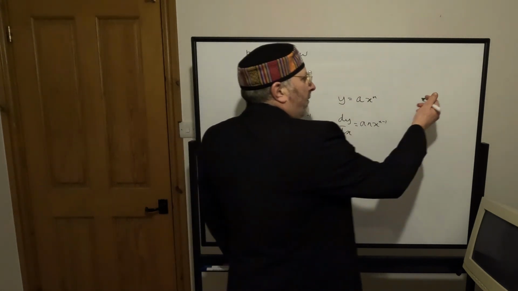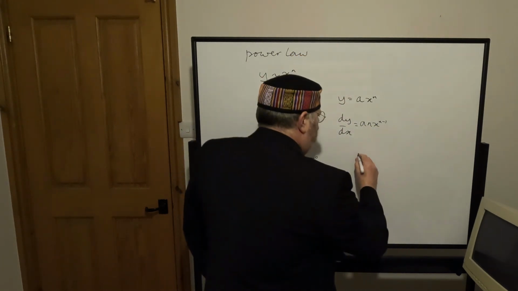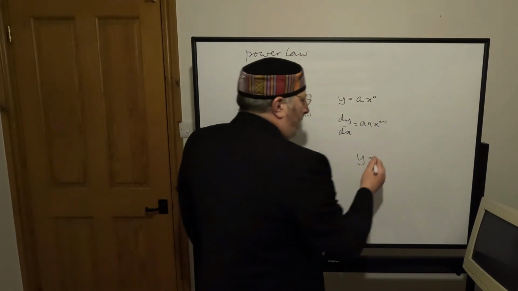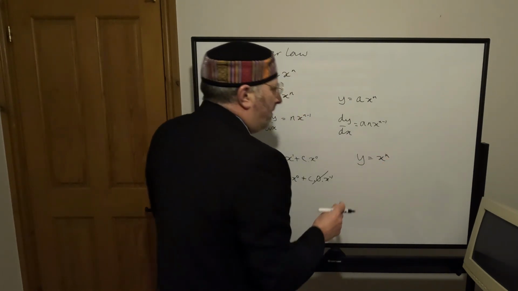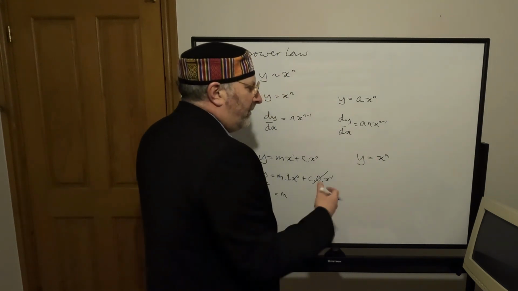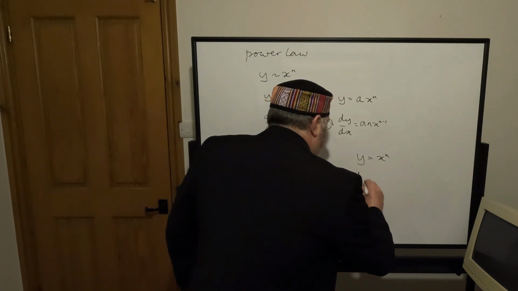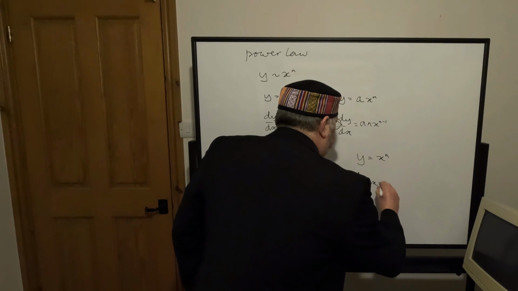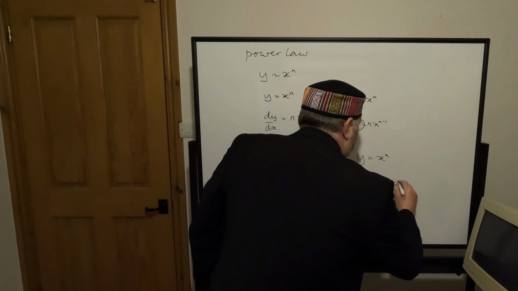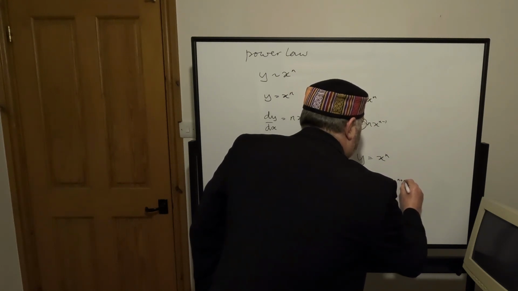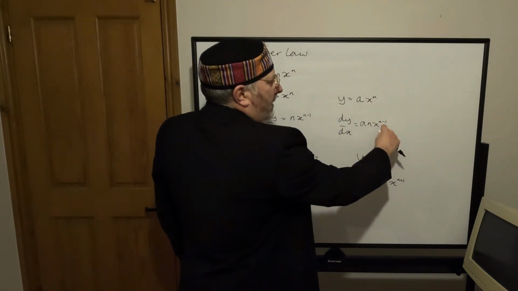We can also then say if y equals x to the n, we forget the a just to simplify the maths a bit, then the integral of y dx, the antiderivative, is going to be, well, firstly, when we go in this direction, we go from n to n minus 1.